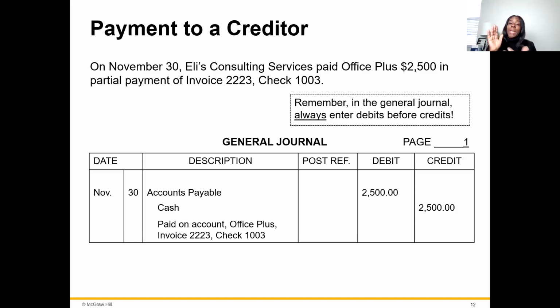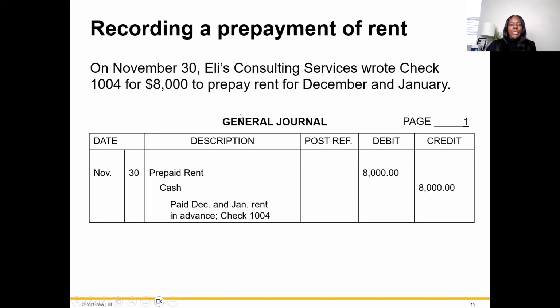And so because we're paying it off, the accounts payable is the debit, and then the cash is a credit because it's decreasing. Again, always remember to put your debits before credits, and we must always have debits equal credits. That is called double entry accounting. Here's another one.